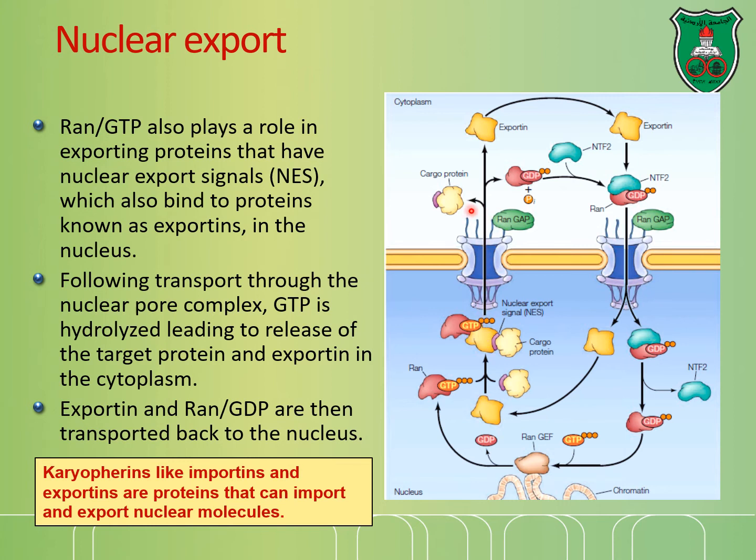Okay? So once it goes outside again, you have the GTPase activating protein hydrolyzing GTP to GDP. Now RAN releases the cargo protein, and the cycle goes on again. So these proteins, importins and exportins, are collectively known as karyopherins, because that's their function.